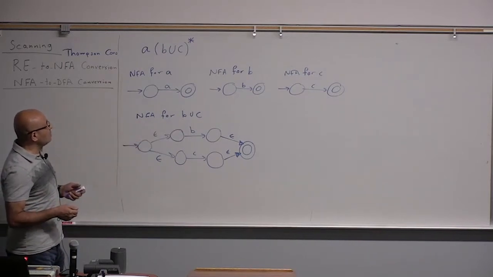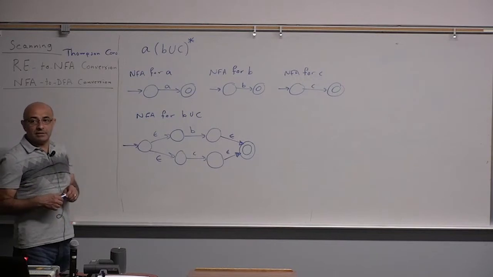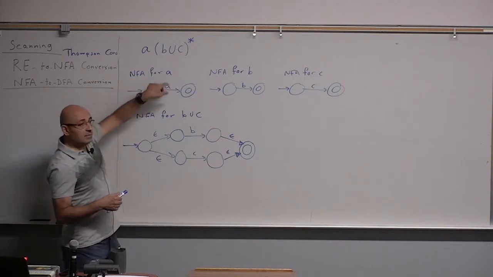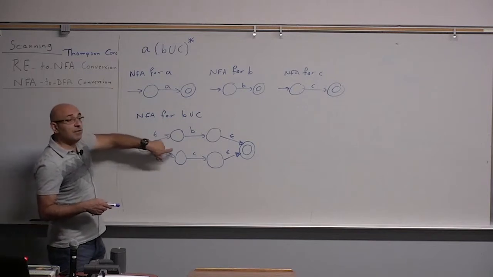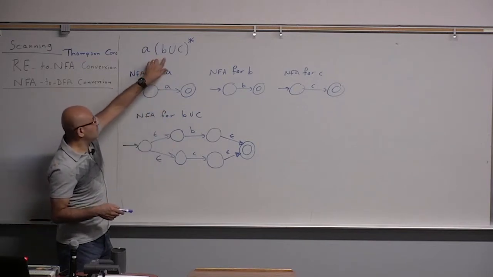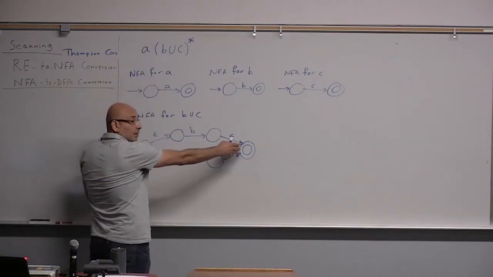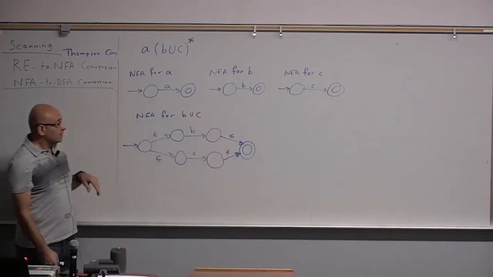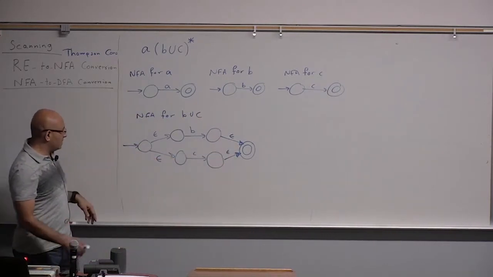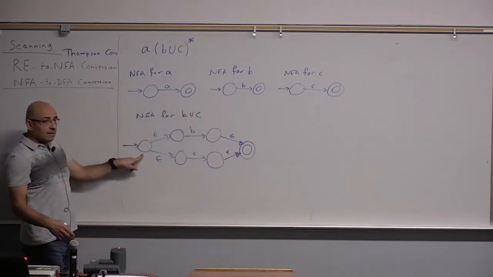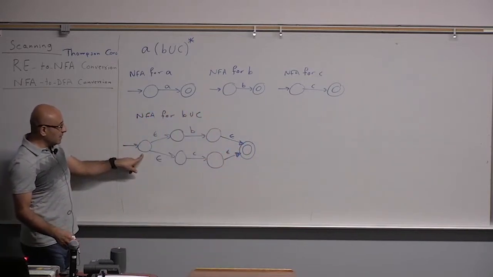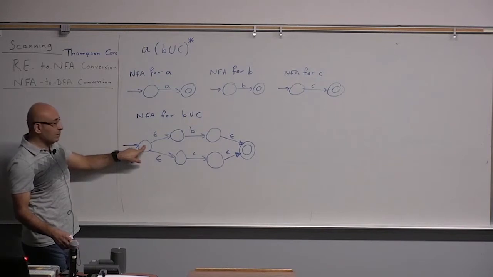Now we need to construct an NFA for what? So an NFA for the star of B union C. So we have to star this whole thing, right? So this is going to be the main step here, starring this whole thing. And starring, we will have an epsilon transition to the start state, and we will introduce a new state.